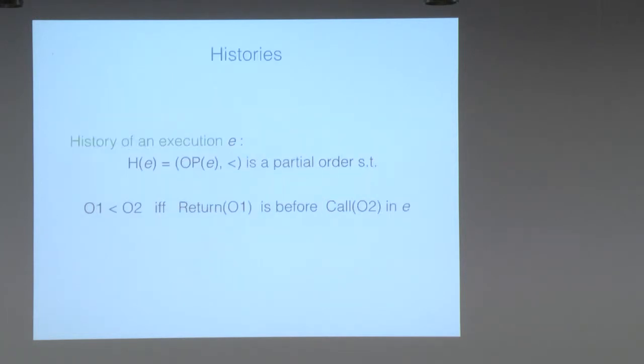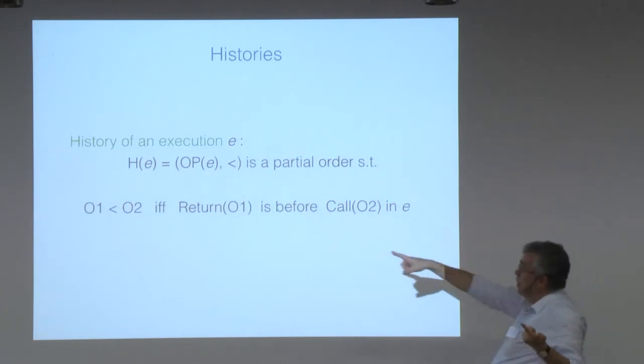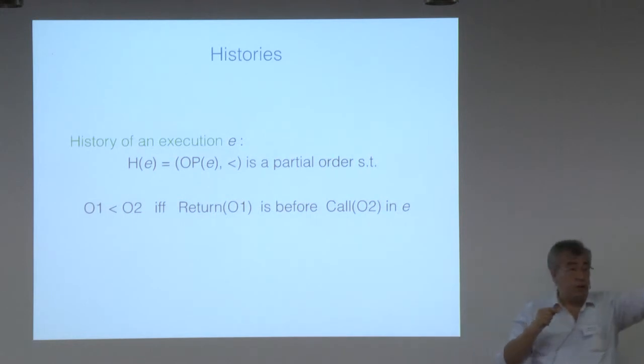Now, we take these operations as objects and order them using a causality order. What is the causality order? An operation O1 is considered before another one, O2, if the return of O1 is before the call of O2 in our execution.